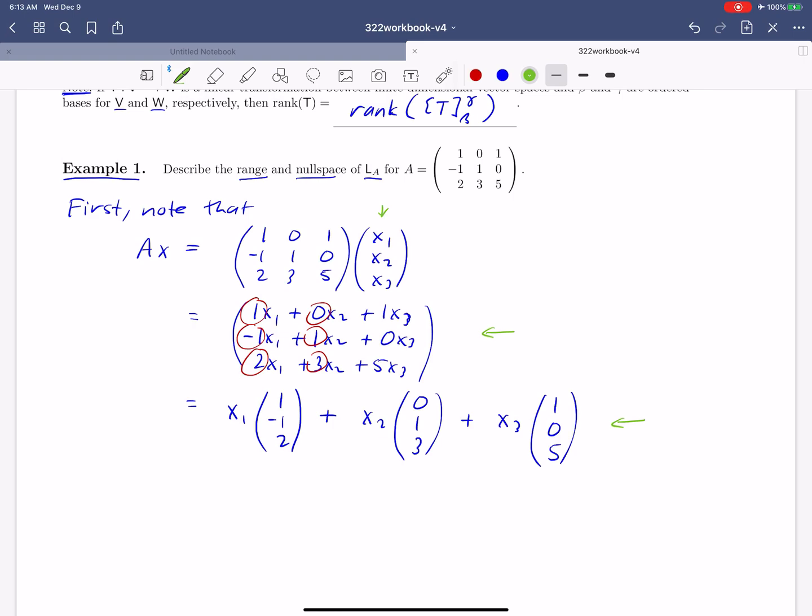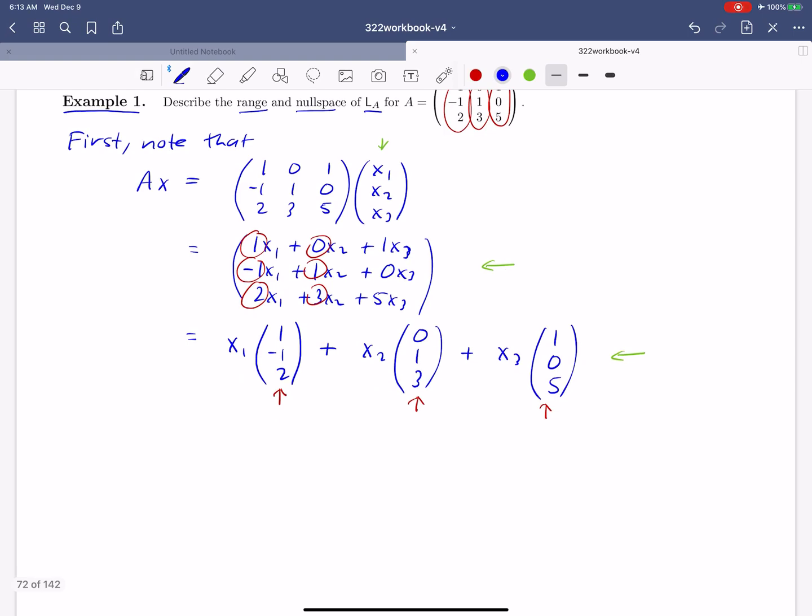But what's interesting about this way of rewriting this is where these three vectors come from. Notice that those three vectors are exactly the columns in the matrix that we started with. So this is telling us that we can think of A times x as just being a linear combination of the columns in our matrix A. That will always happen.